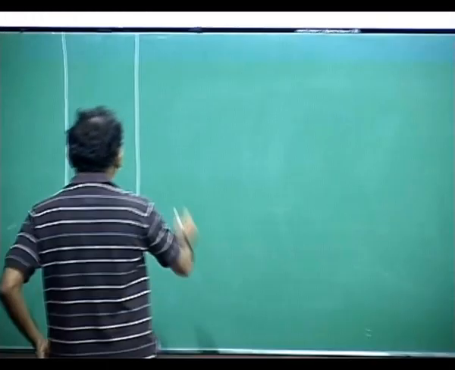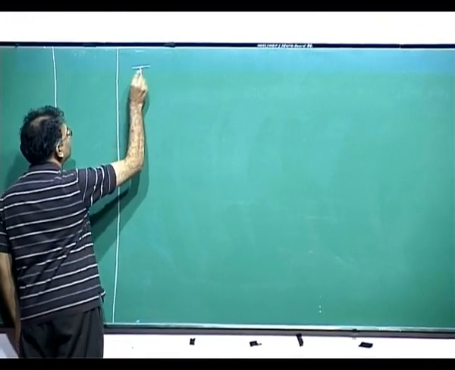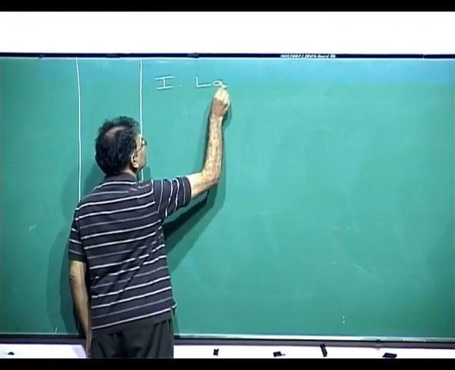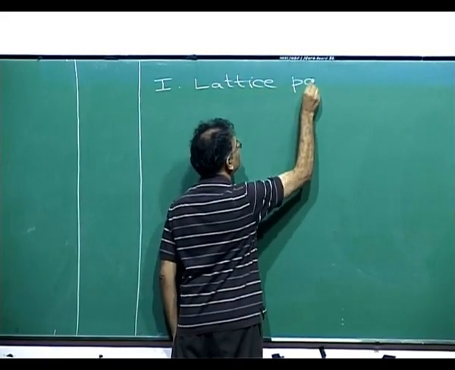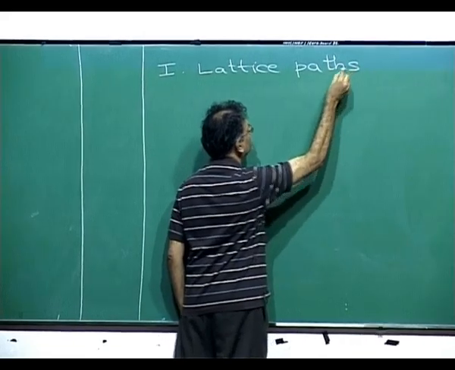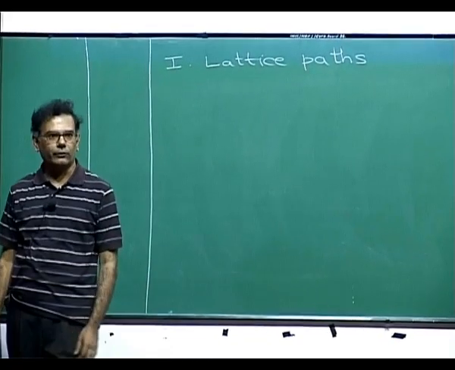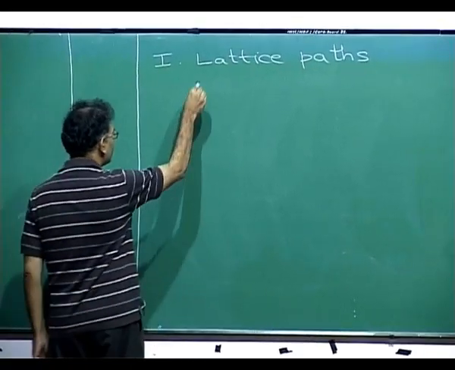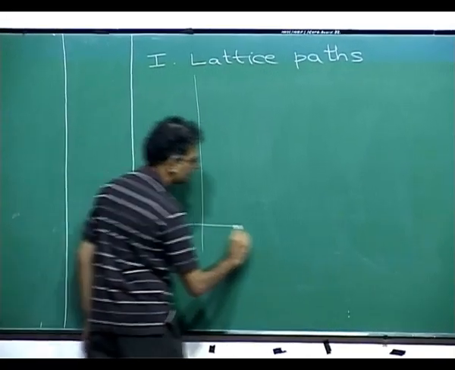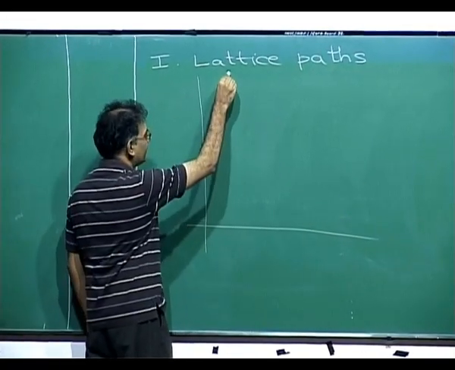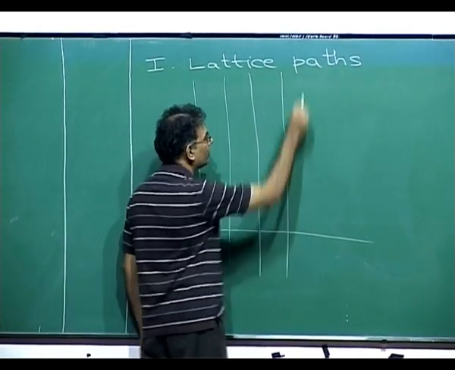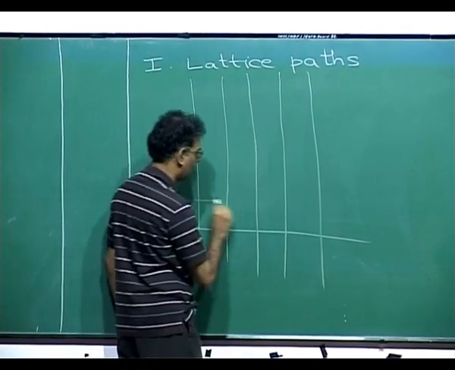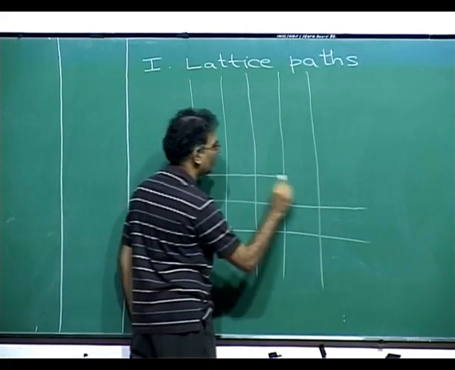The first one is called lattice paths. That is just fancy terminology for the following. Consider the plane, and let's draw the lines x equals 1, 2, 3, and so on, y equals 1, 2.